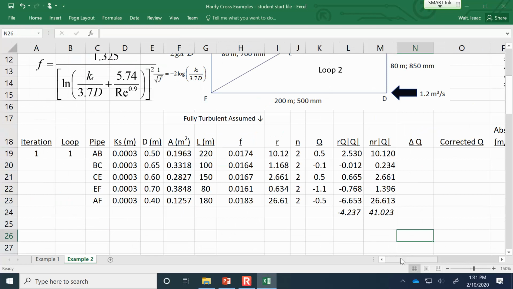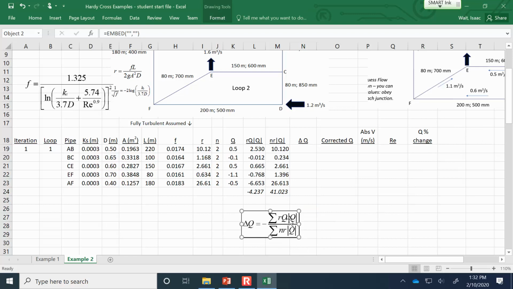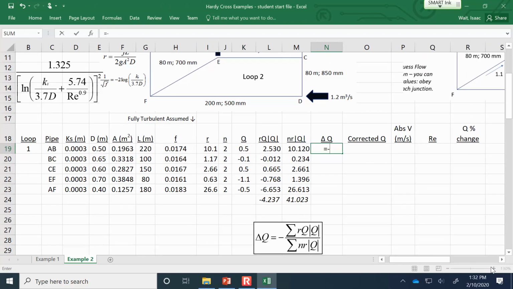Okay, so the formula that we're going to apply, this correction formula, we have to have the negative of this one divided by that one, and because we want it to remain as a relative reference, we're going to repeat that calculation rather than anchoring and dragging it down.